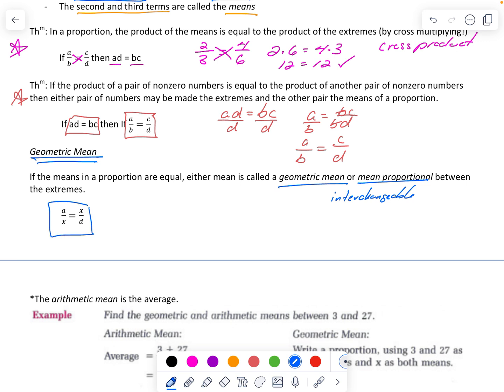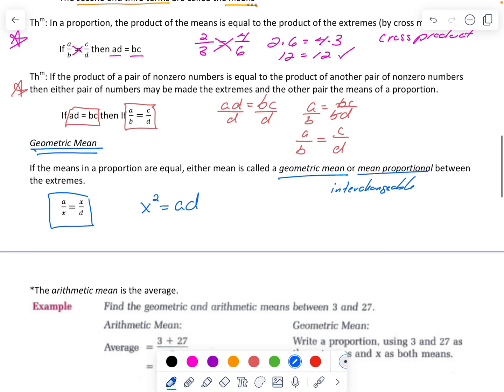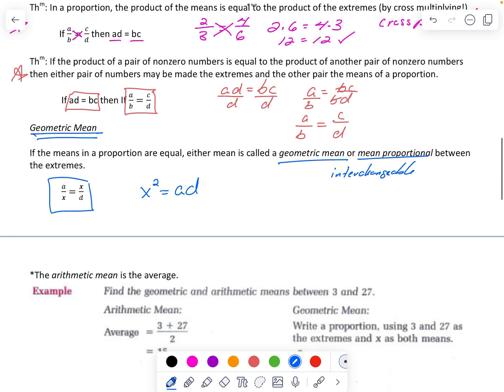See, the x's are the same. So in other words, what we get is x squared equals a times d. And so the x is the geometric mean, okay? Solving for x, basically x is going to equal the square root of a times d.